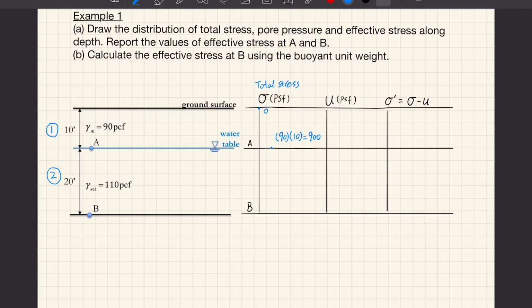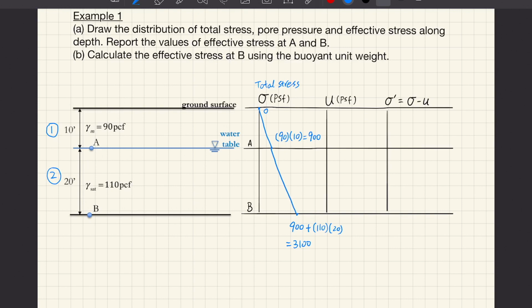And then at point B, the total stress value is 900, the contribution from the first layer, plus, for the second layer, we're going to use the saturated unit weight, 110, times its depth, which is 20. So this gives us 3100. Then you just need to connect these points to get the profile of total stress along depths.